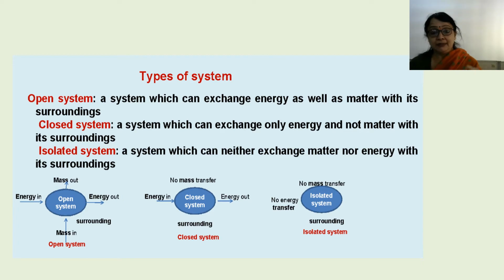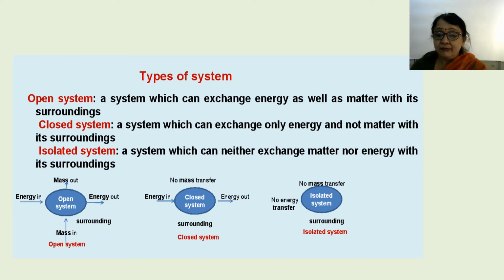Now, the types of systems. A system can be classified as open system, closed system, and isolated system on the basis of the exchange of matter and energy between the system and surroundings.